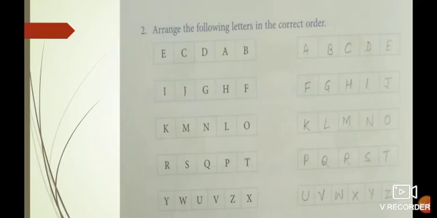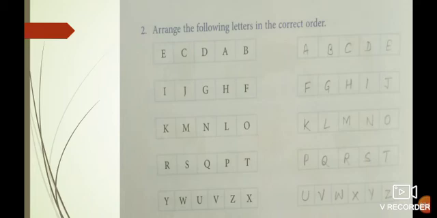No. The alphabet always starts with A. So first we will write A. After A, B is there. After B, C is there. After C, D. And after D, E. So we will write A, B, C, D, E.